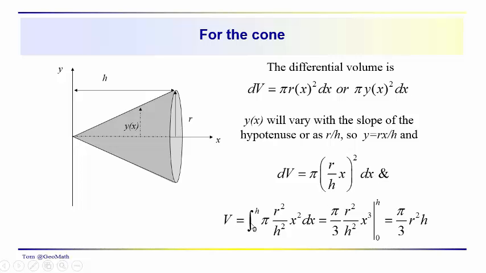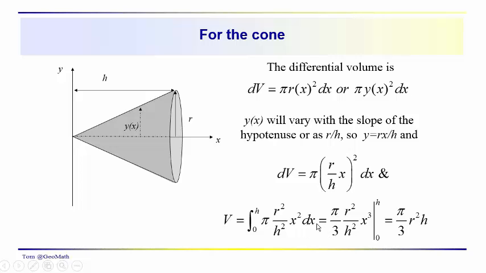And the volume integral then would be, in this case, integrating from 0 to h. We're coming out along the length of the cone, integrating those volume elements from 0 to h.